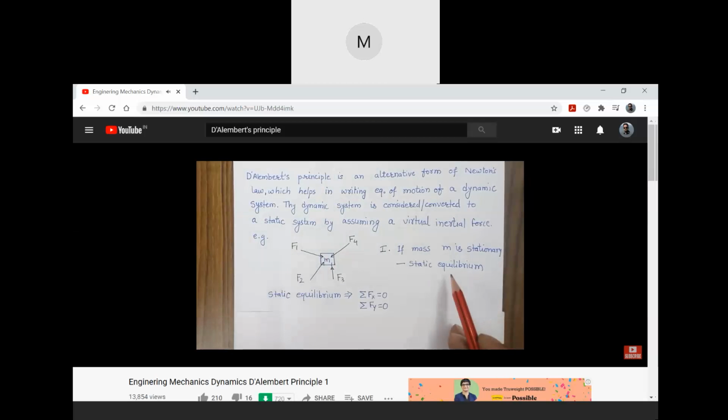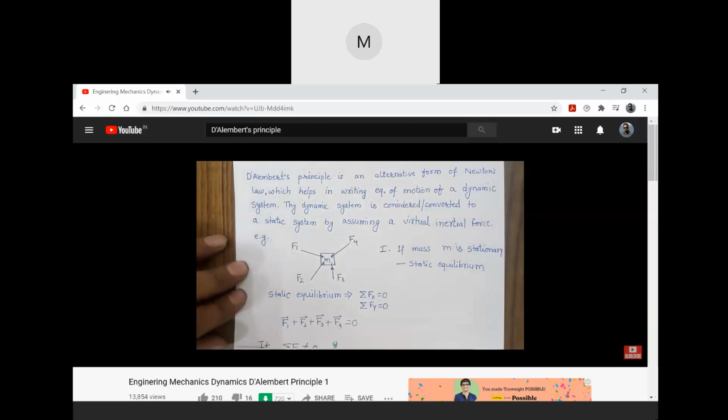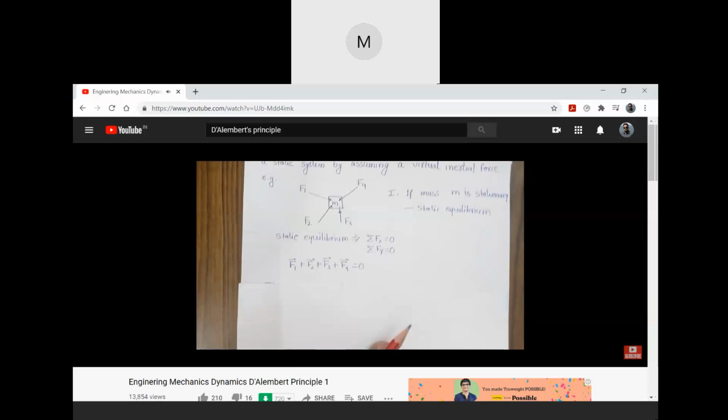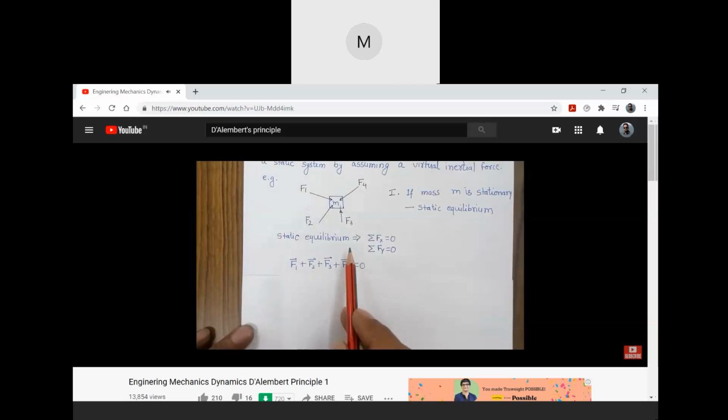If the system is stationary we can write the equation for static equilibrium, which says that the total force acting on the system will be zero, or the sum of all the forces will be zero. We can write this in two ways: the summation of all the horizontal forces will be zero and the summation of all the vertical forces will be zero, or we can write the vector equation where the summation of the four forces will be zero.